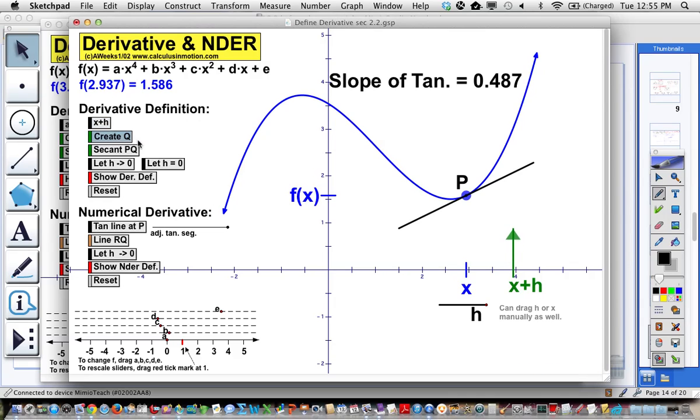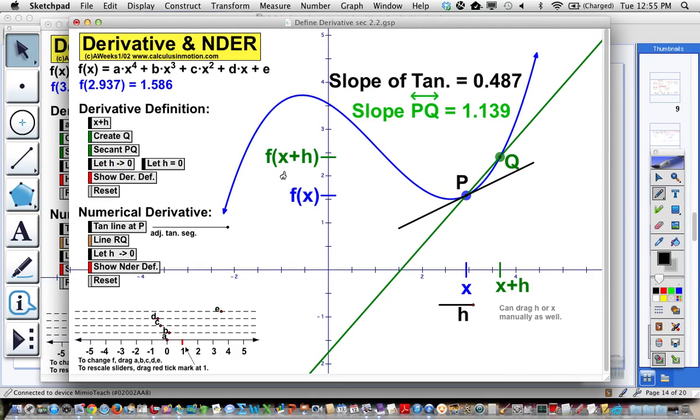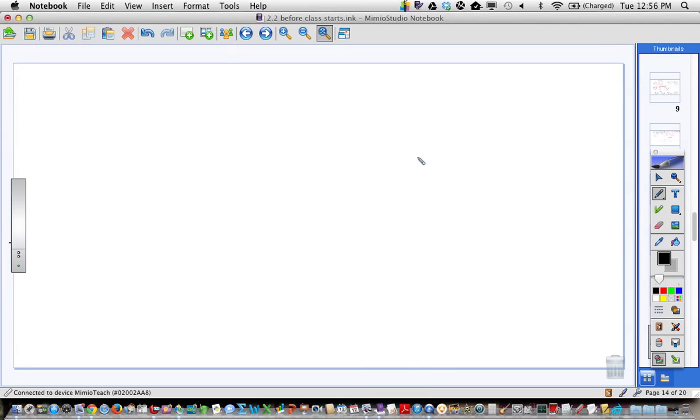A stands for some individual point. X is going to stand for all the possible points. So we'll make our second point be f of x plus h, our second y value. Here's this slope, and we'll let h approach 0. We subtract the y's, we subtract the x's, and our derivative now looks like that. It's the same thing, but we take out the a's and put in the x's. There's nothing really new about it other than it now represents all x values.